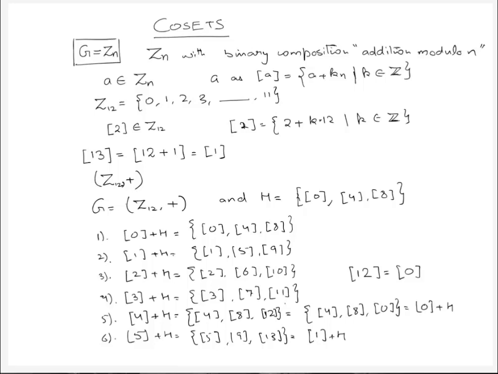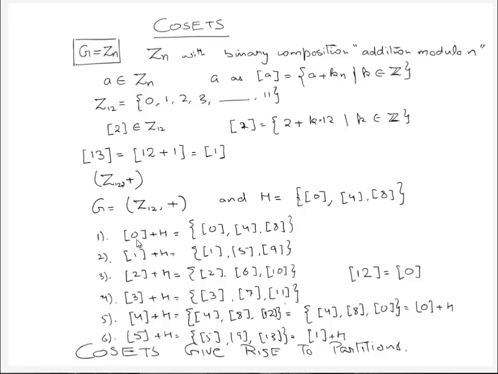So our conclusion is that cosets give rise to partitions of a group. So they divide a group into a partition.